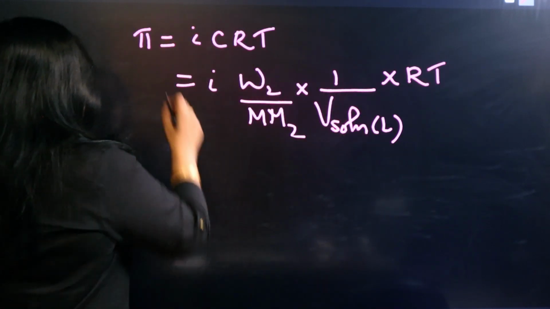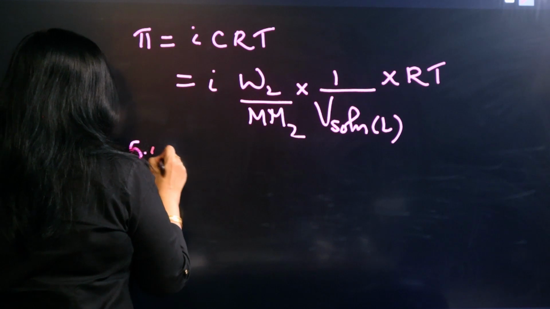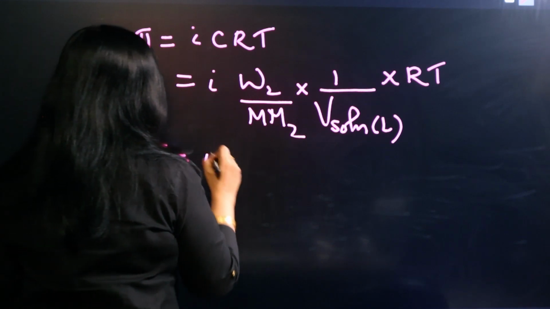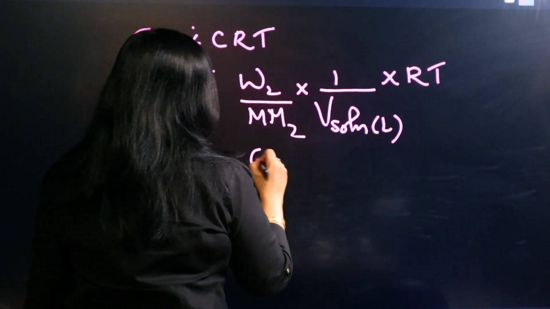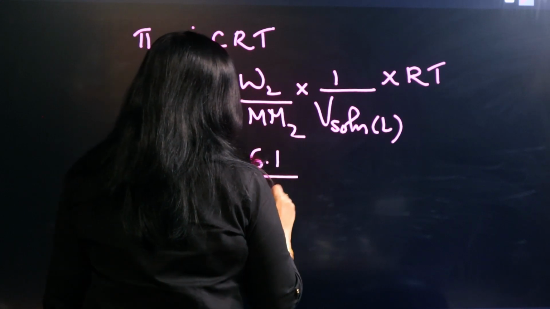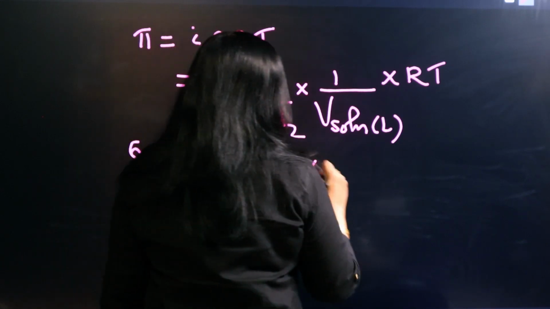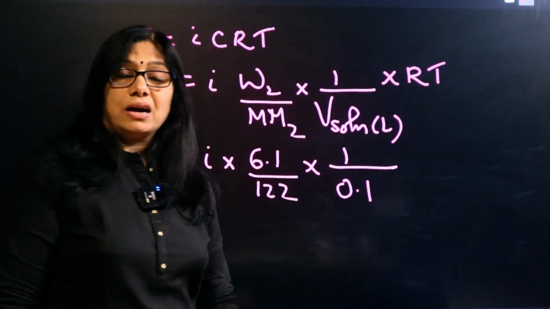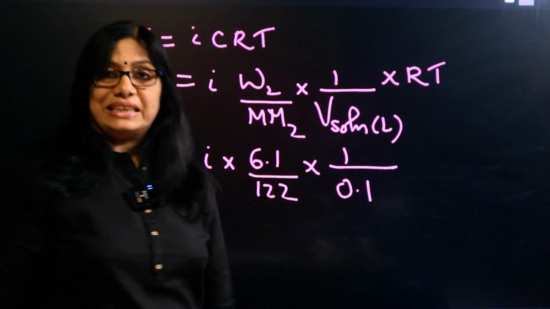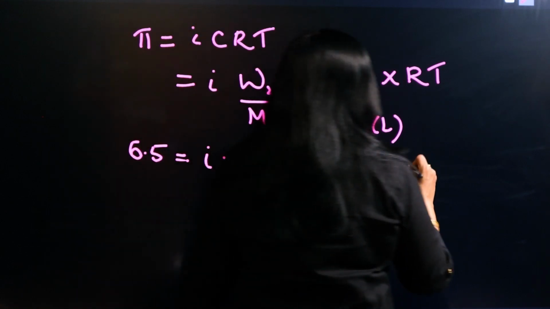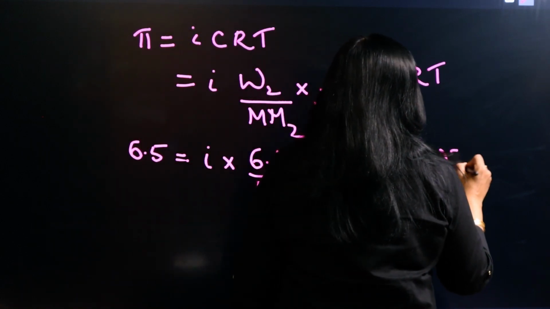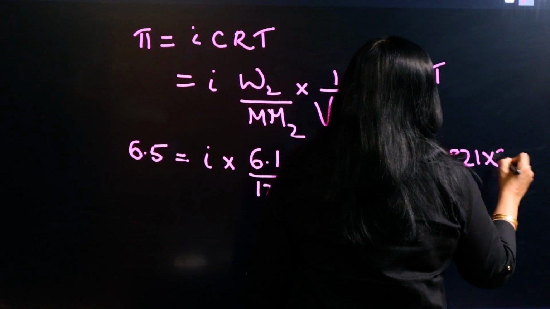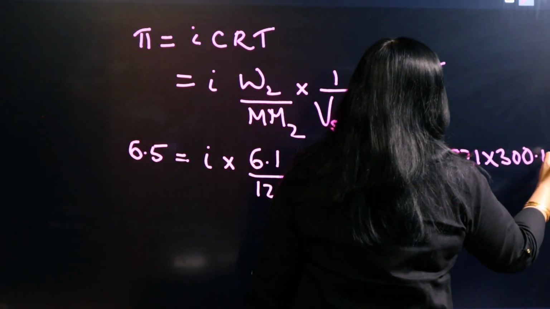Substitute. Pi is 6.5 is equal to i into W2 is 6.1 by 122 into 1 by volume of the solution is 0.1 liter, 100 ml means 0.1 liter, into 0.0821 into 300.15.